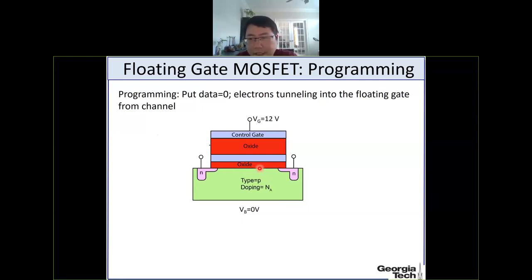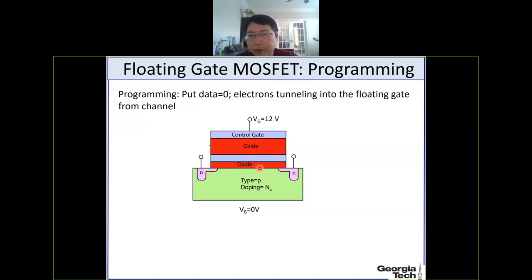But due to quantum mechanics, if that wall is very thin, and if you have very large voltage across it, the electrons have a probability to go through that barrier. This is due to the so-called particle and wave duality of the electron. That means the electron is sometimes a particle, sometimes a wave.